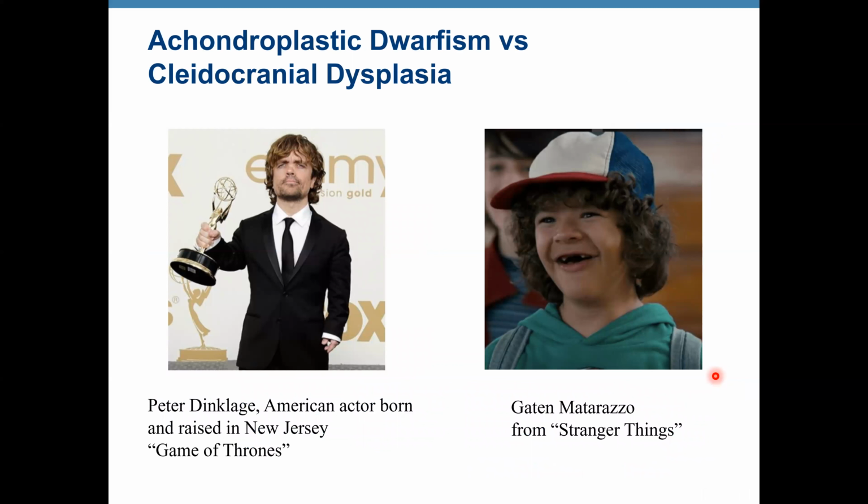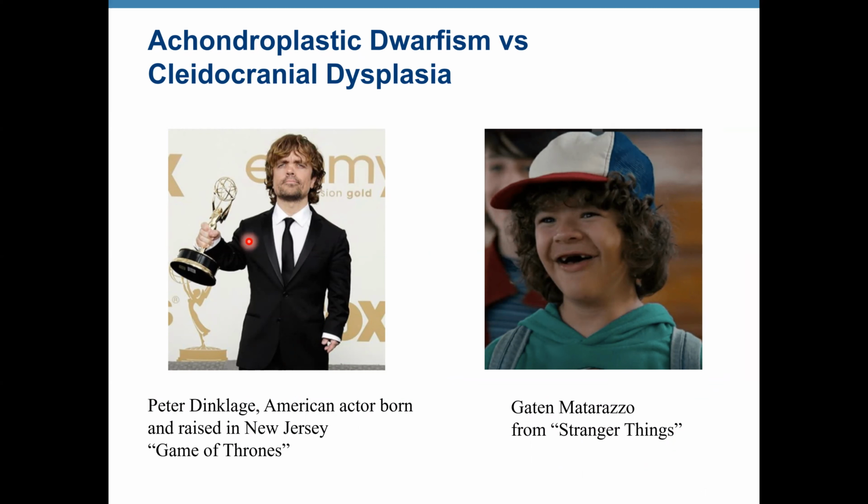Now you can see what happens if there are some mistakes during embryonic development and ossification does not happen. These are genetic disorders. The example over here is called achondroplastic dwarfism.